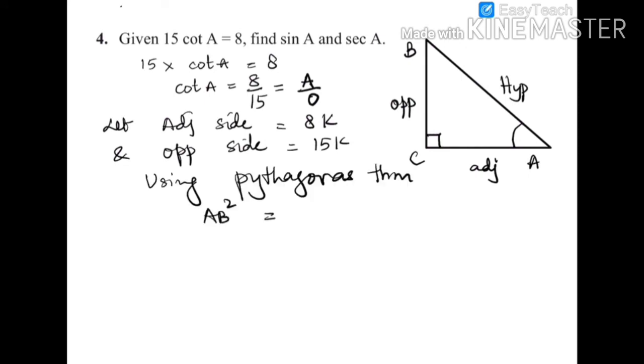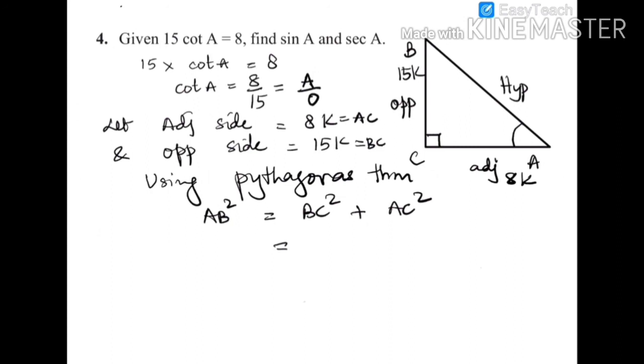AB square will be equal to BC square plus AC square. So we have marked the adjacent side as 8K and the opposite side as 15K.